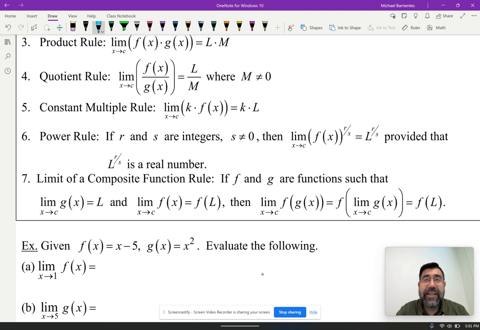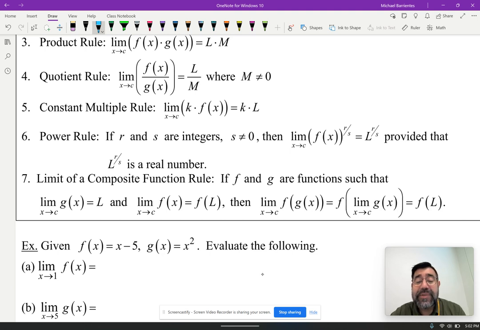And actually, that's not the complete statement. Not only does the limit of the outside exist, but it equals the function value at the inside limit. In other words, it's continuous, right? It's continuous, and the point at that x equals c value is this L value that we found.